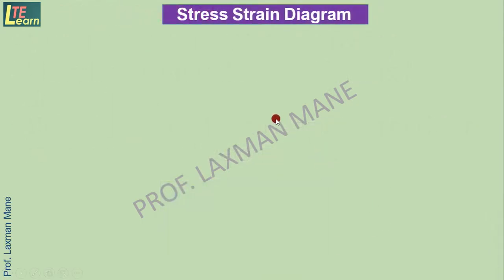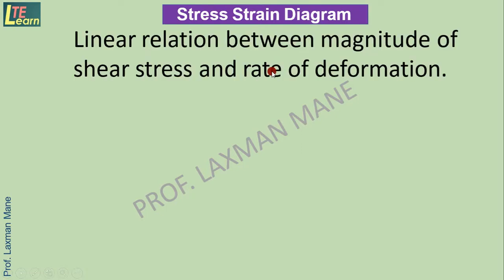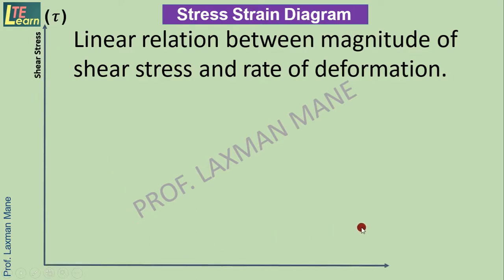Now these fluids are shown by using a diagram called the stress strain diagram. This diagram is obtained from the science of rheology, that is why it is also called a rheological diagram. In this diagram, on the vertical axis shear stress is shown, and on the horizontal axis shear strain, meaning du upon dy, that is rate of deformation, is shown. Along the horizontal axis, there is zero shear stress for the deformation.